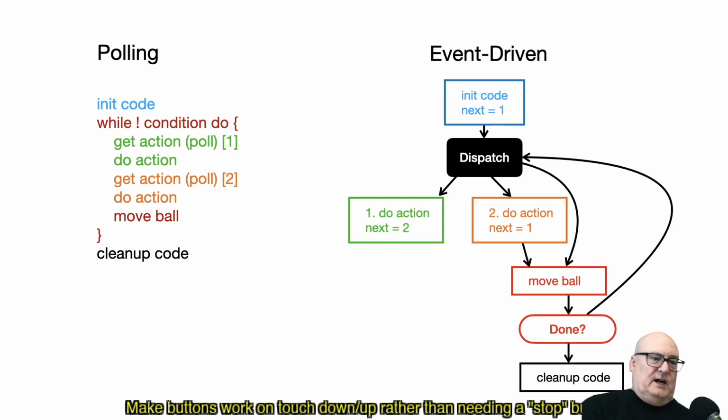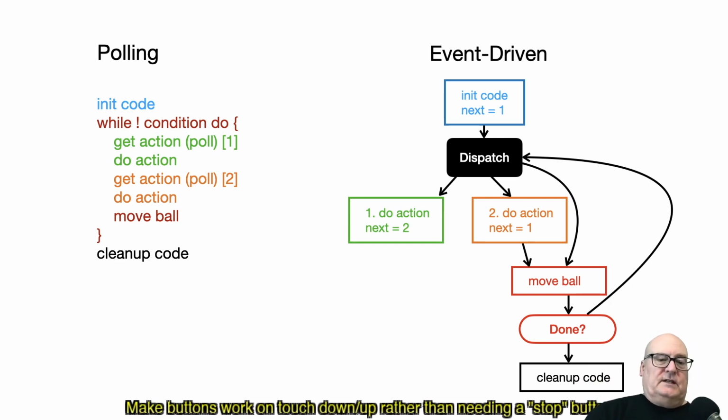And what we're trying to transform to is this notion of event driven. Every little color coded piece on the left, hopefully the colors have enough contrast if you're colorblind, corresponds to a box on the right. So the initialization code, that first box, is kind of copied in. And then we have this notion of next, and we'll see how that comes into play. In event driven, there's some sort of main dispatch loop that says, hey, here's an event.